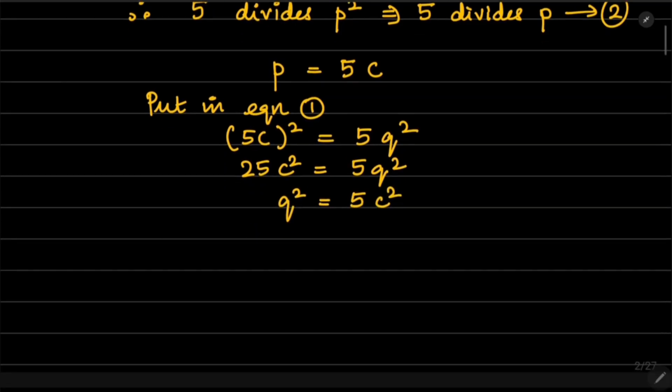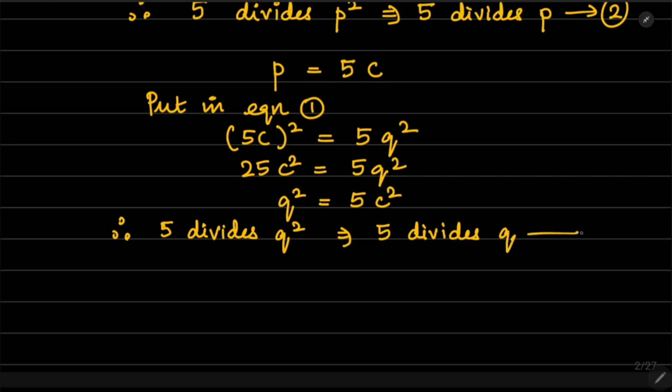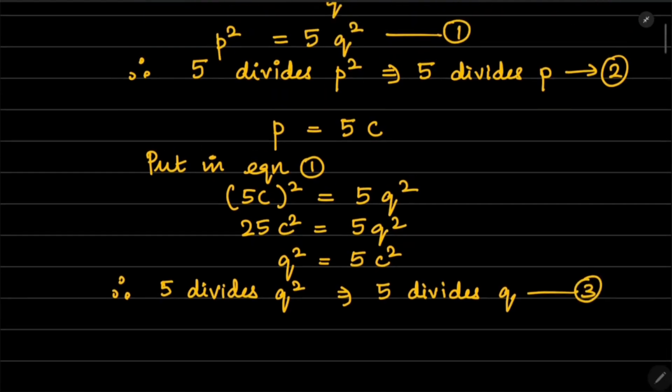Right? Now here, when q square equal to 5c square, 5 divides q square, which implies 5 divides q as well. So this is equation 3. Now you see 5 divides p, right? 5 is a factor of p. 5 divides q, which means 5 is a factor of q as well.